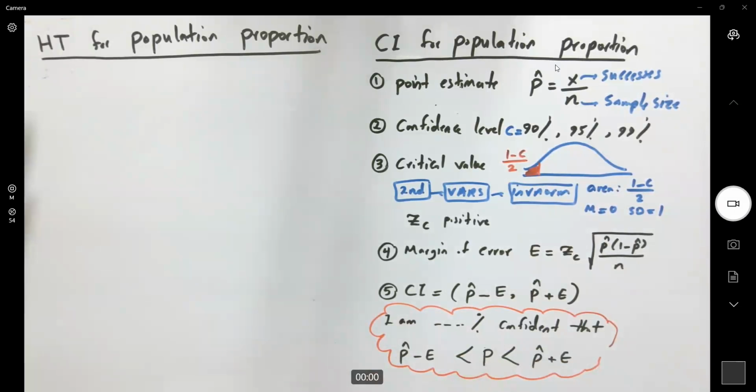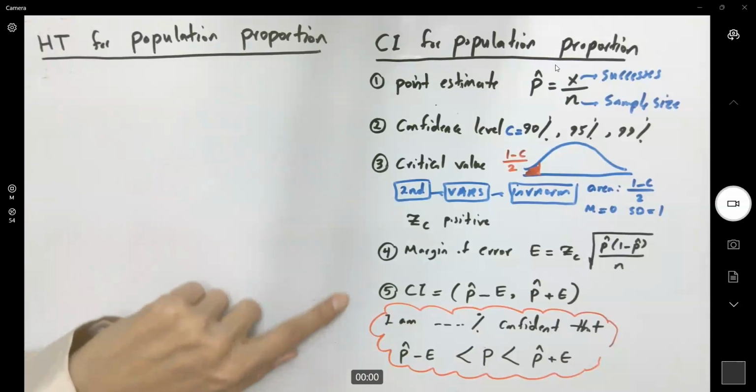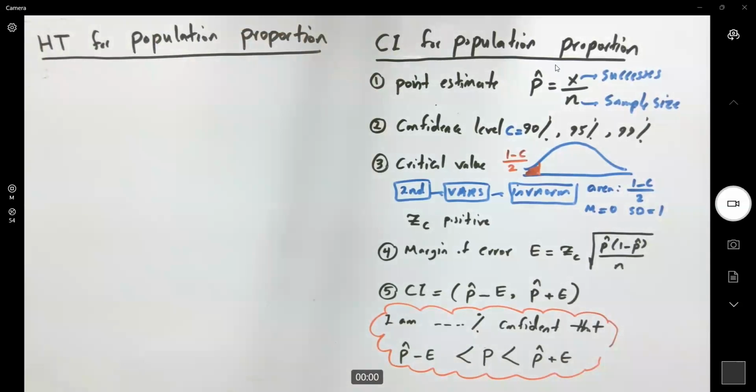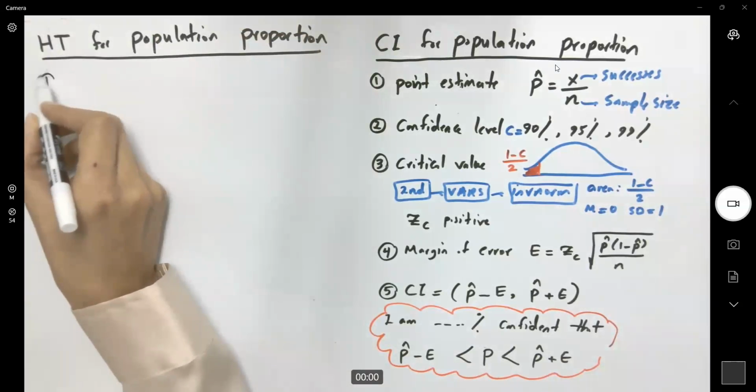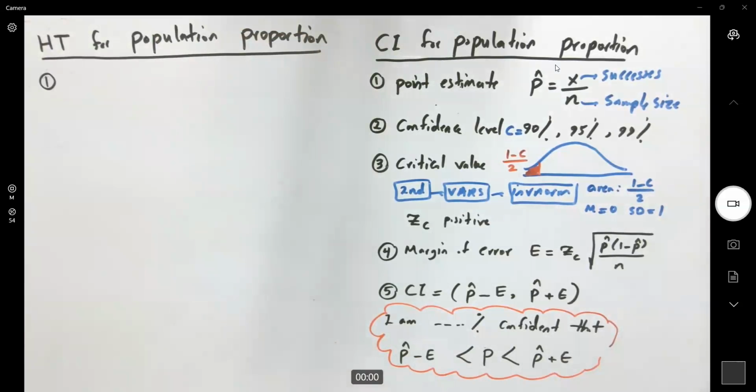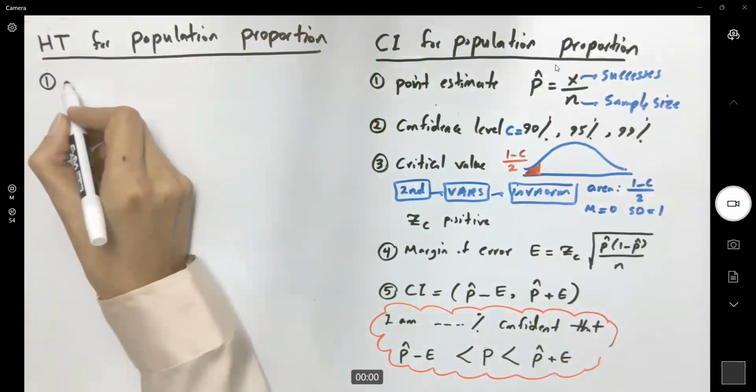Sometimes we have a claim and we are interested in constructing hypothesis testing for population proportion, with different steps than the confidence interval. So what are the steps in constructing the hypothesis testing? Well, in forming the hypothesis testing, the very first step is going to be checking to see if normality is met.